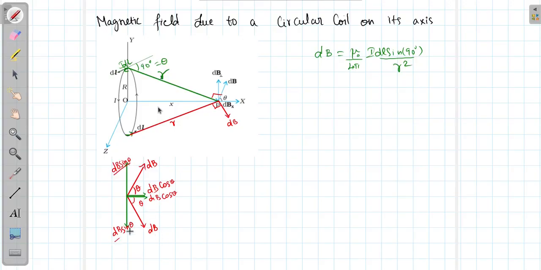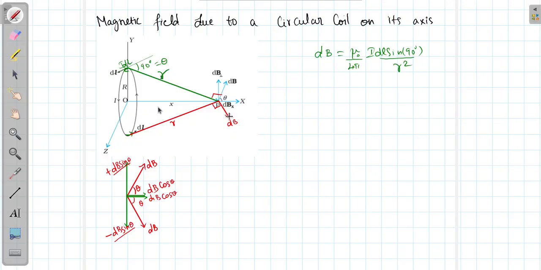The dB sin theta components are equal and opposite because we have taken dl as similar at these two points. The length of the dl vector is similar in both cases. Also, the current through the coil is the same.